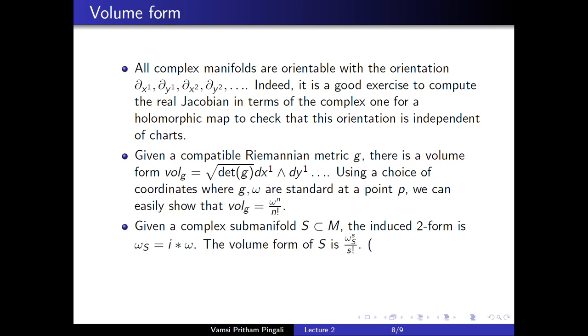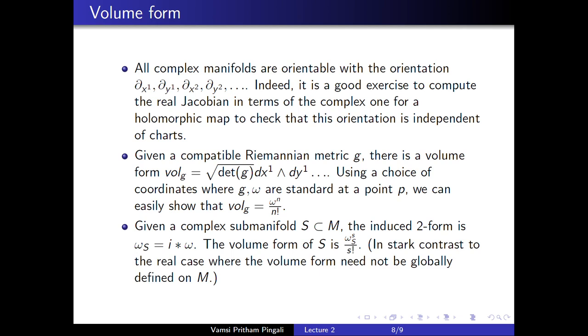The bottom line is the volume form, according to this formula, is omega_S raised to s over s factorial. In other words, it's simply the restriction of omega raised to s divided by s factorial. In other words, the area form of a submanifold is the restriction of a globally defined form on M.